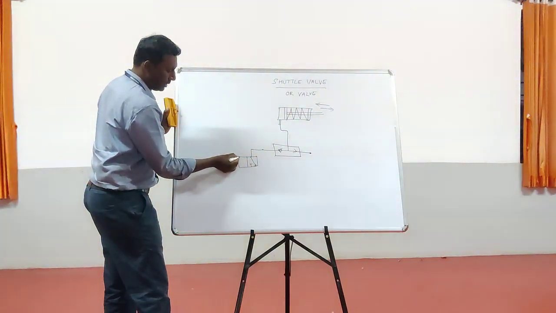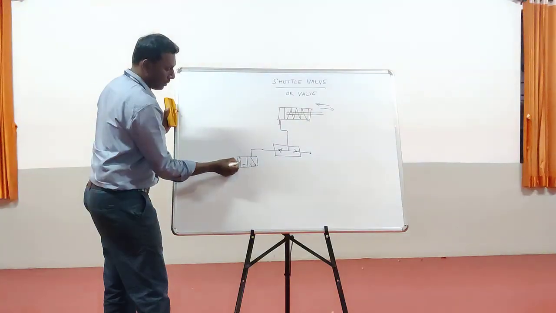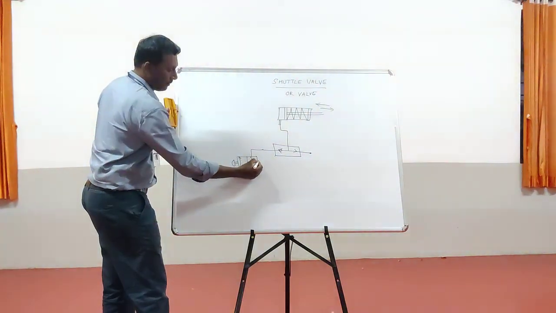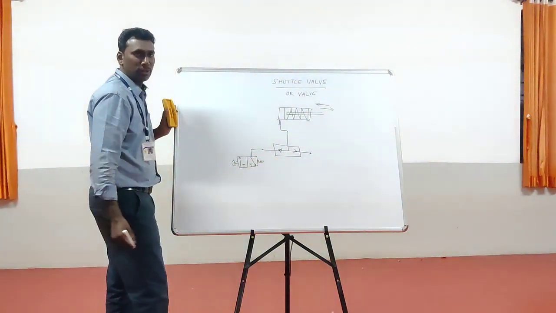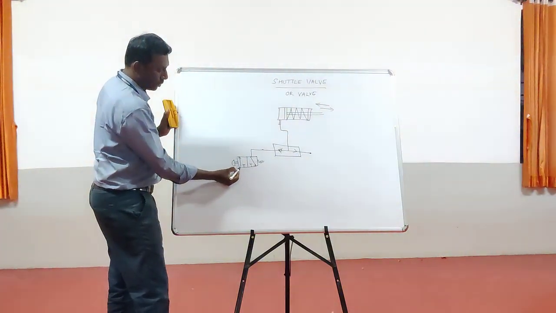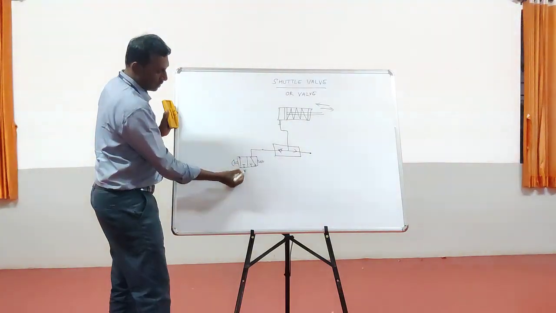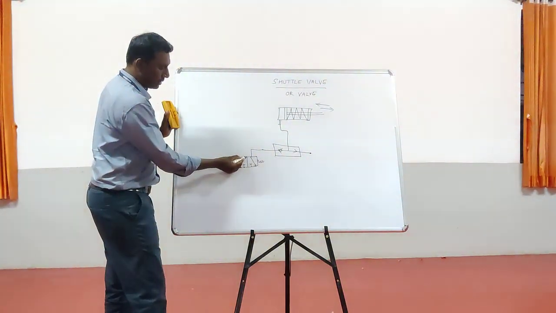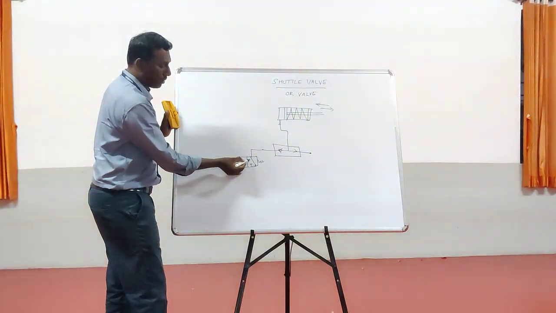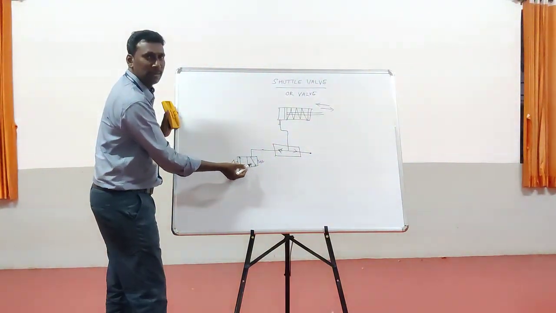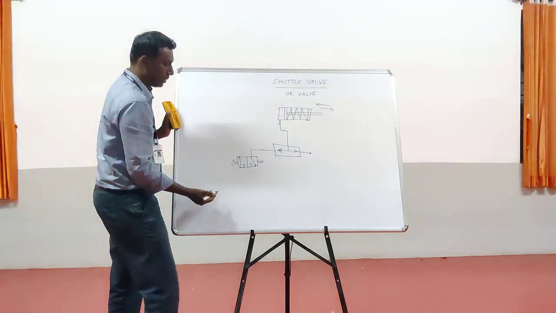I am going to use the 3/2 push button spring return direction control valve, because it has 3 ports: port number 1, port number 2, port number 3, plus 2 positions. This square box indicates position number 1. This square box indicates position number 2.